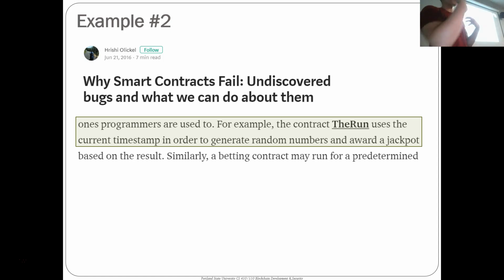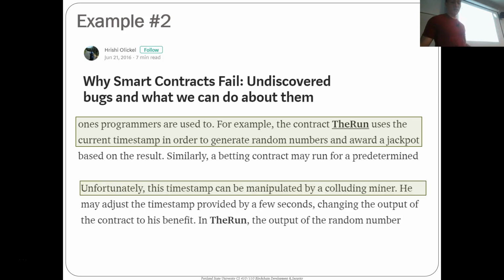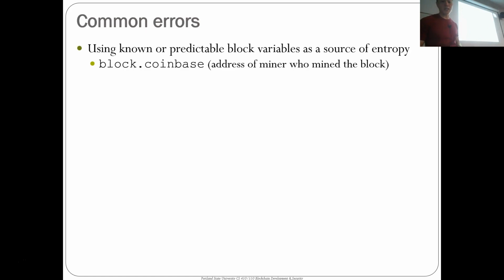But maybe if you take the hash of that range, it'll give you some entropy that's hard to guess. But as it turns out, if you're a miner, you control the actual time. You have some control over the timestamp value, and you can selectively pick a timestamp that will help you win this jackpot. And that's what happened with this particular contract.